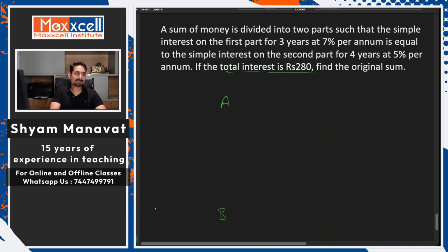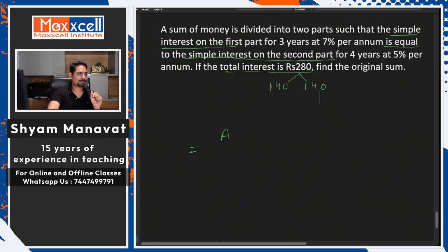If the simple interest is equal in both cases, where do you see that? Simple interest on the first part is equal to simple interest on the second part, right? So simple interest is same. So if it is same, that means in both cases it must be 140 and 140, right?